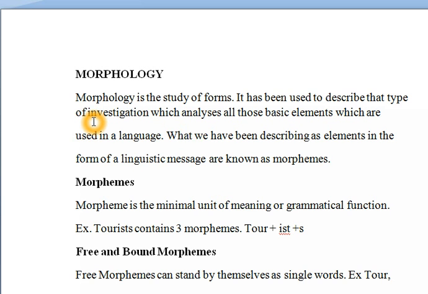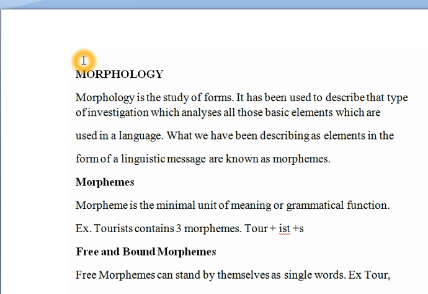Connected to this, in this chapter we'll try to study those bits of words. So we don't have just words, we have bits of words. In this chapter we'll study morphology.